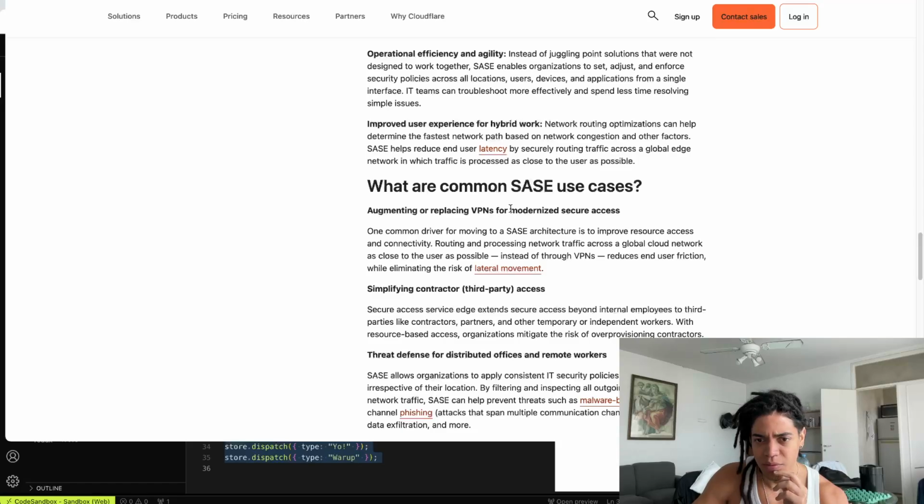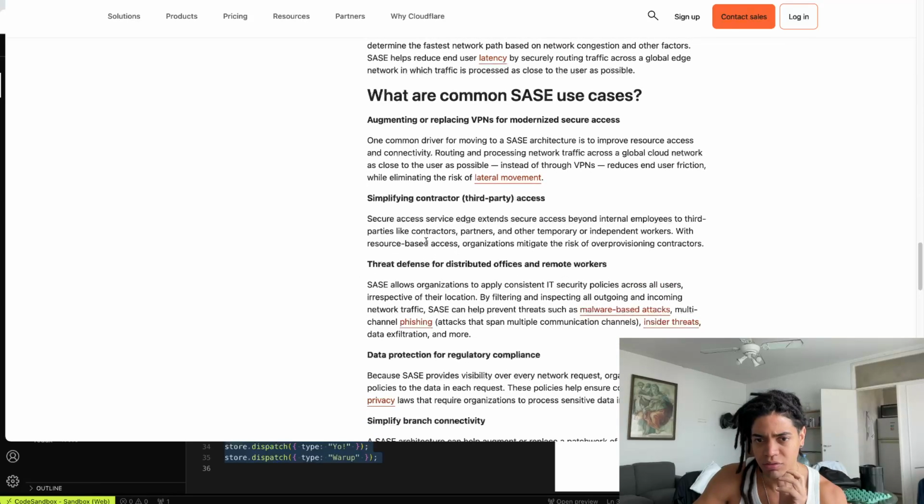Augmenting or replacing VPN for modernized secure access. One common driver for moving to a SASE architecture is to improve resource access and connectivity: routing and processing network traffic across a global cloud network as close to the user as possible instead of through VPNs. Reduce end user friction while eliminating the risk of lateral movement.